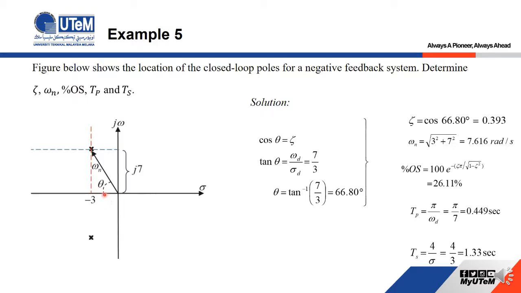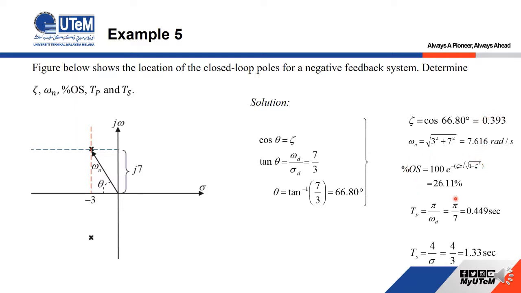So theta is equal to inverse tangent of 7 divided by 3, and in this case we get theta equal to 66.80 degrees. We put it in this formula, and then we calculate zeta, which is 0.393.